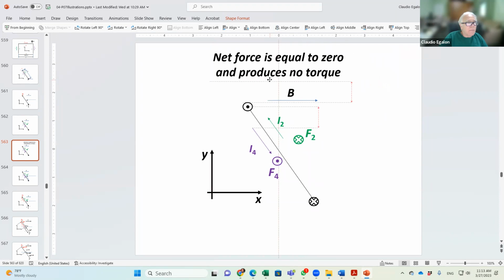Because the only effect of those F2 and F4 forces is to try to stretch your loop of current. But because the loop of current is rigid, it's not going to go anywhere.